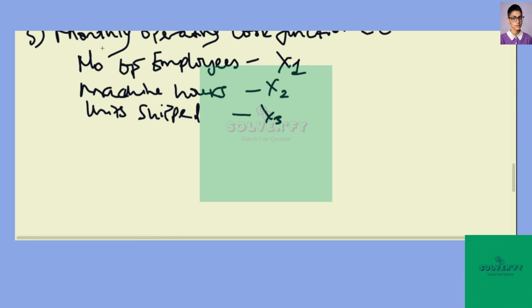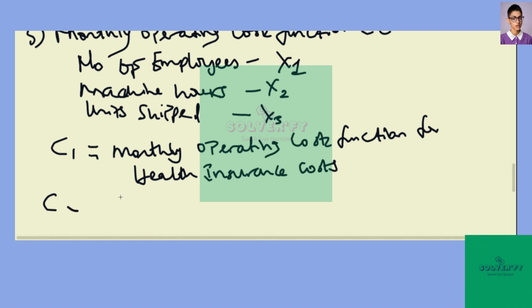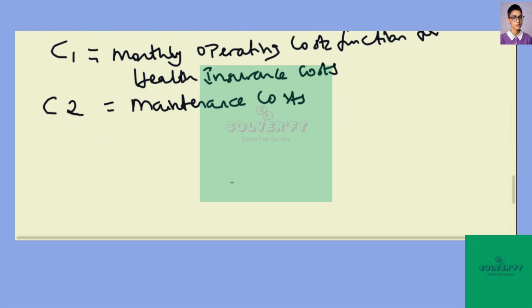Now the monthly operating cost function for maintenance cost would be C2, and the monthly operating cost function for shipping cost would be C3.